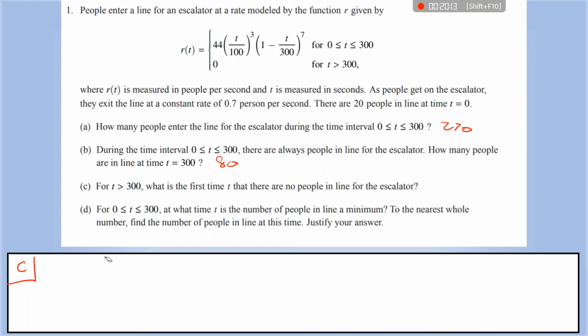80 minus the change of rate. Okay, 80 minus my rate of change. So this is right now people minus people per second.